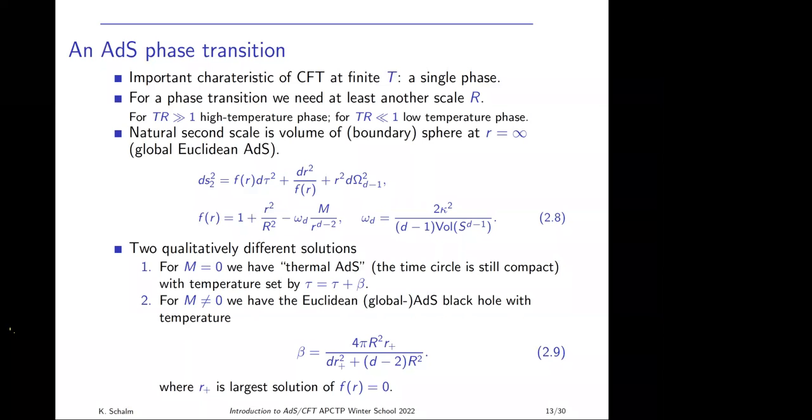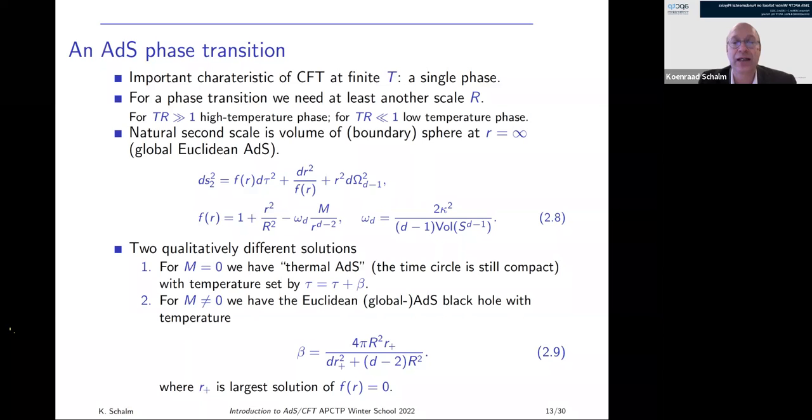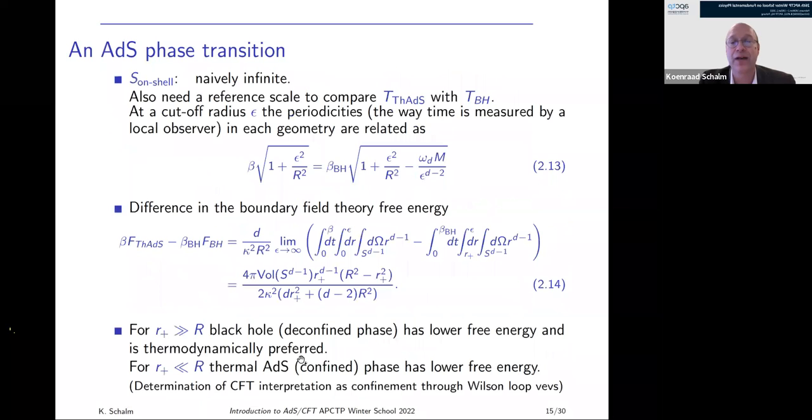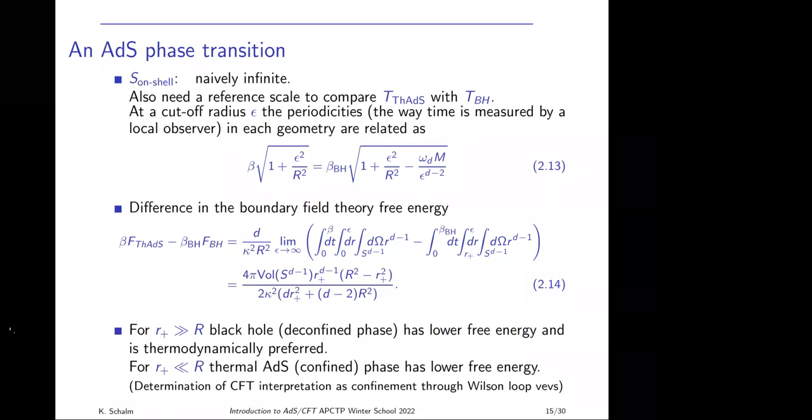If I would start at the very high temperature phase, which is the black hole phase, and dial it down, the moment the horizon radius becomes the same size as the AdS radius, you would see all of a sudden that the system would want to undergo a first order phase transition to this thermal AdS phase. Okay, thank you.